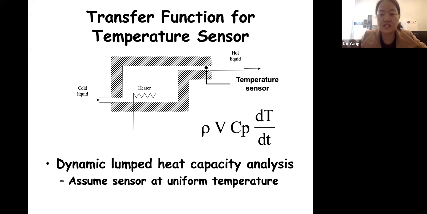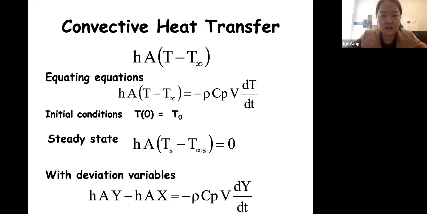We have seen this before in our previous lectures. On the outflow side, we have h times A times (T minus T infinity). By equating the equations, we get hA times (T minus T infinity) equals minus rho times Cp times V times dT over dt.